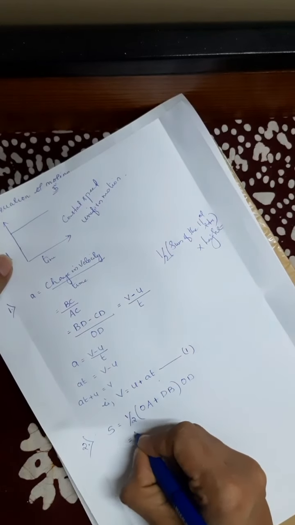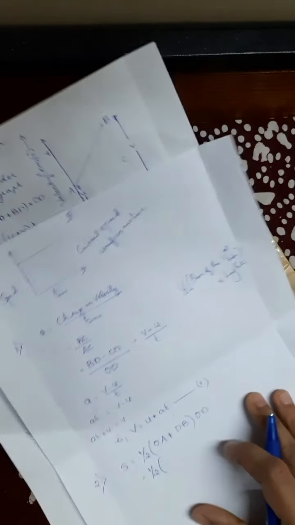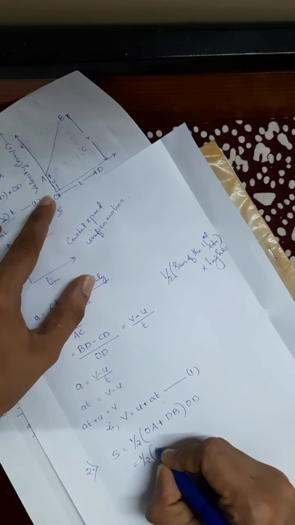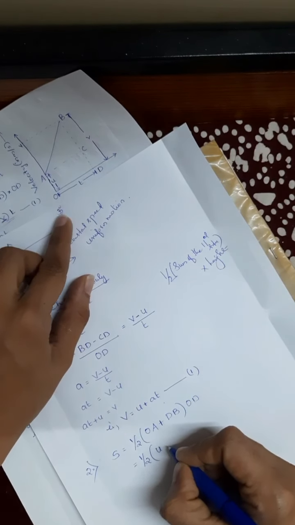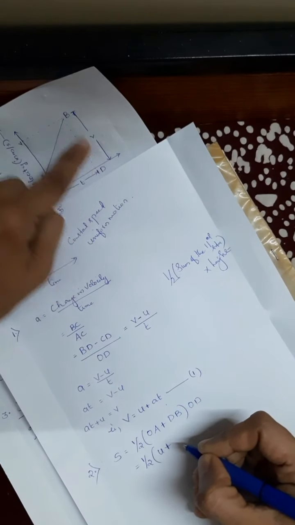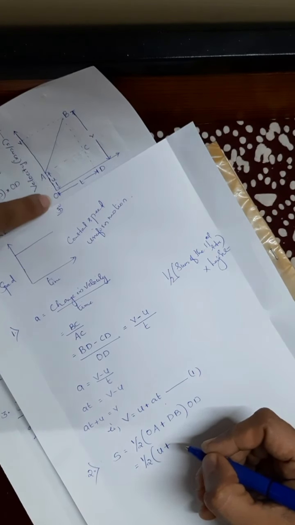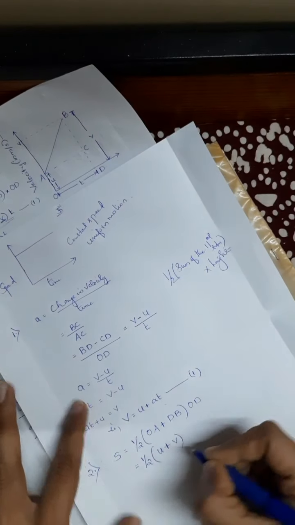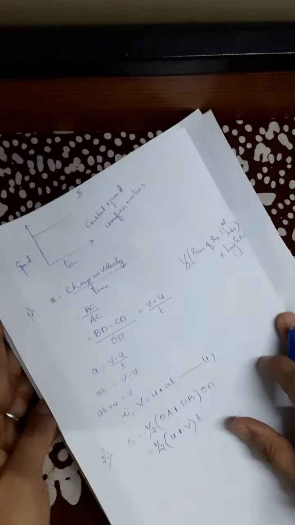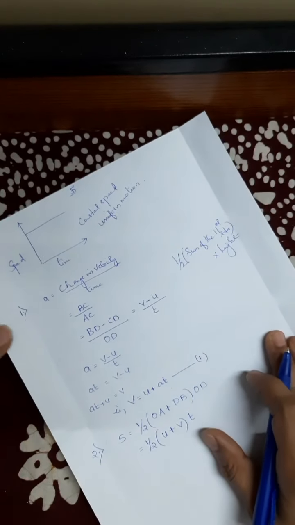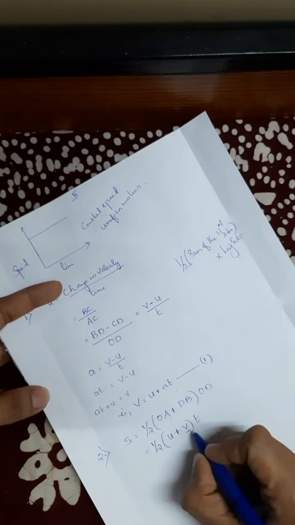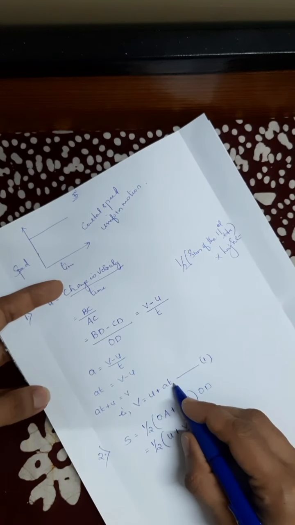It will come as symbols. OA means we know that which is already moving with initial velocity. So instead of OA we can write here U. Then DB means what you can write? This is which is parallel to the y-axis, that is V, and OD is which is equals to time t. Isn't it, students? Now what we are going to do means we know that from our first equation of motion already we have proved that V equals to U plus AT.